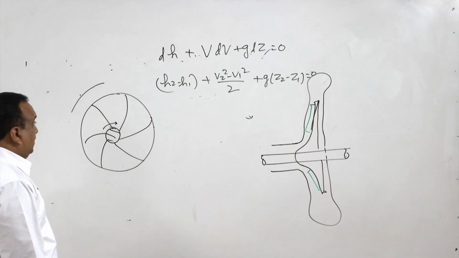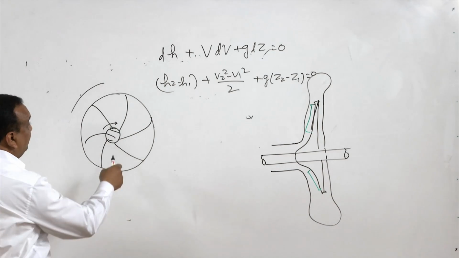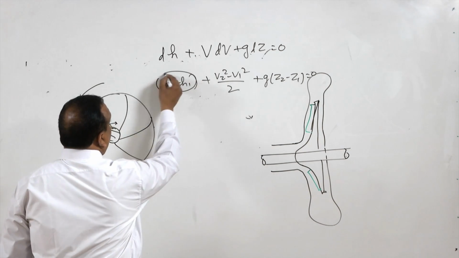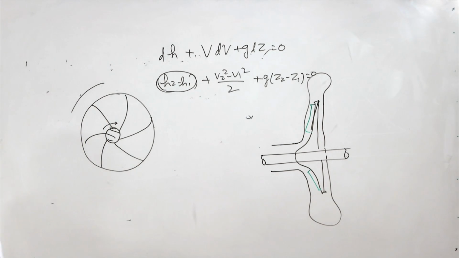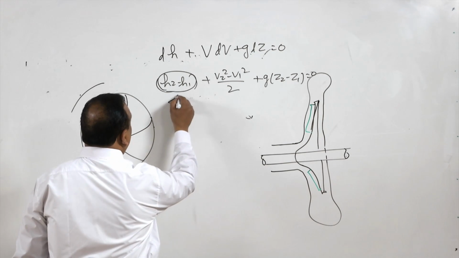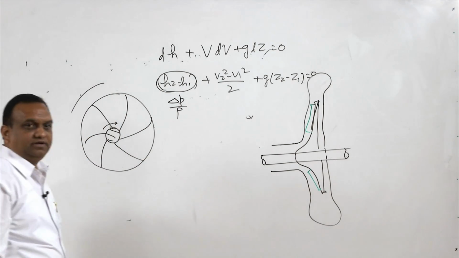Now, this H2 minus H1 is delta P by rho, that is, V dP.